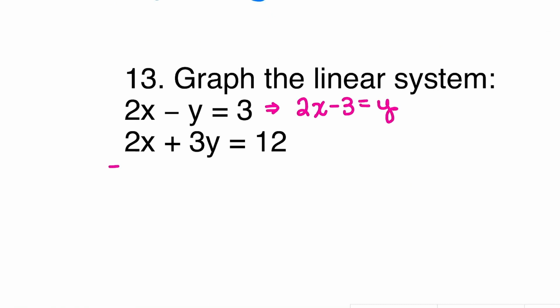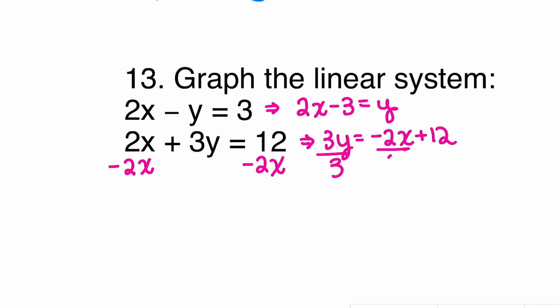And for the second one, we'll go ahead and move our 2x, and then divide by 3. So our second equation is going to become y equals -2/3 x plus 4.